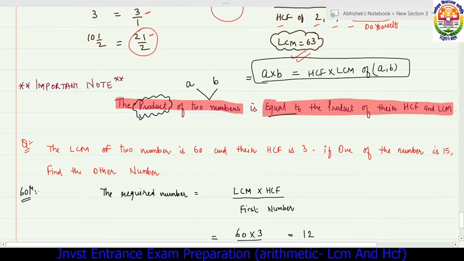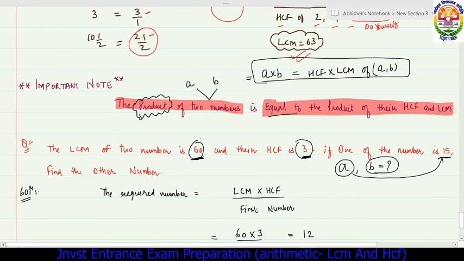Take an example. The LCM of two numbers is 60. The HCF of the two numbers is 3. If one number is 15, find the other number. The two numbers are A and B. A is given as 15, and we will find B. LCM is 60 and HCF is 3.